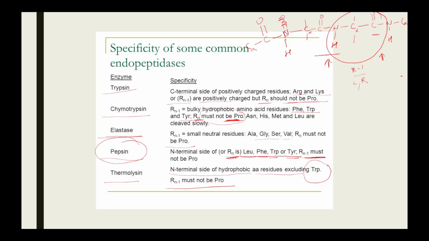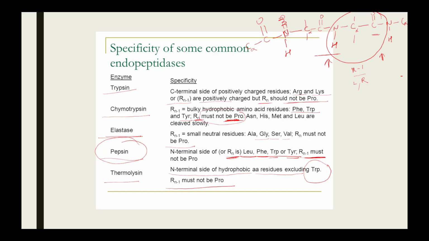So the question which we have solved, if you remember the cutting site or the specific residues where endopeptidases make a cut, and the conditions where the cut will not happen, like for the exception of the proline, presence of proline as the adjacent amino acid residue, the enzymes will not work.